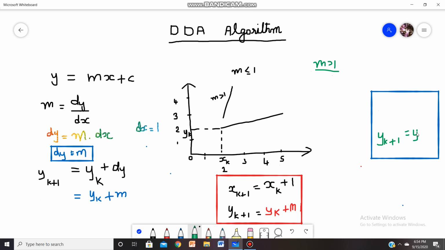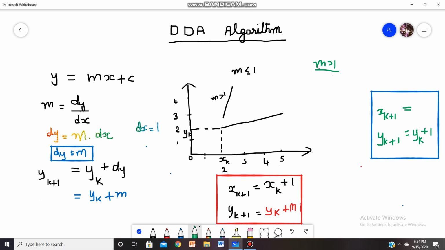Earlier we did this for the case of x. Now I need to find out the value of xk plus 1.